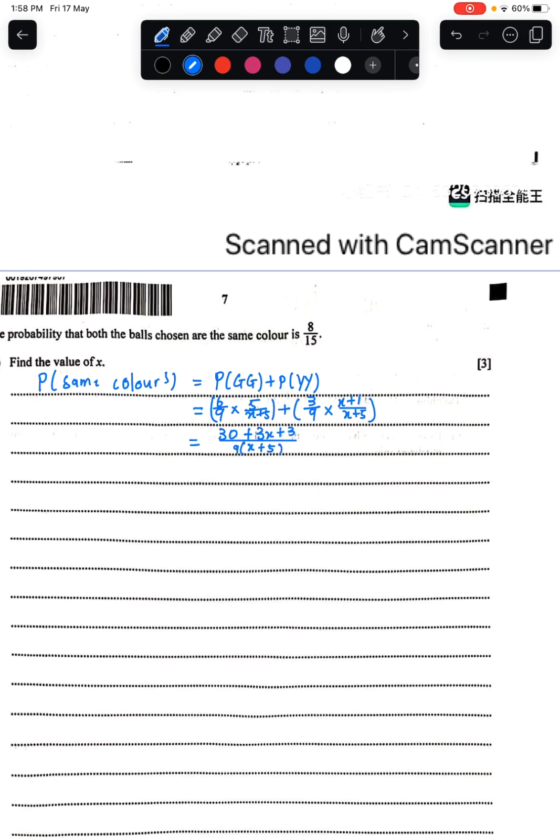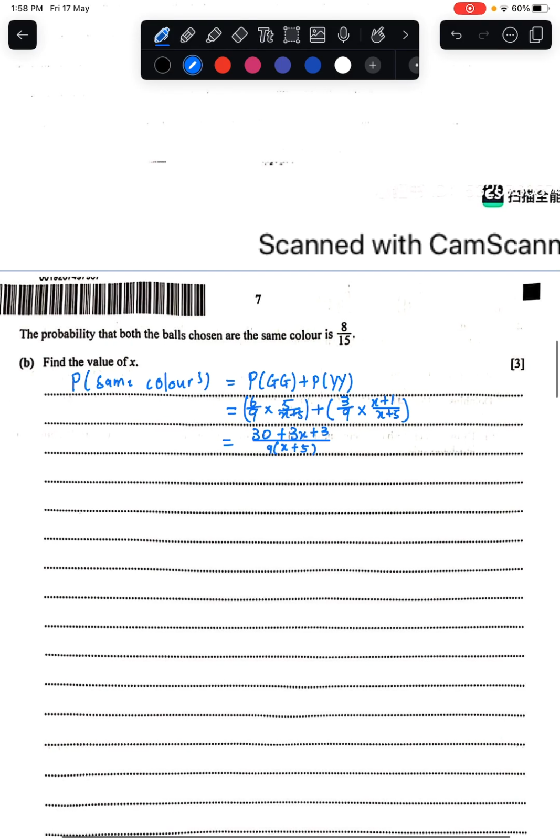So the probability of both balls chosen being the same color is this one: 30 plus 3 over 9 times x plus 5, equals 8 over 15.